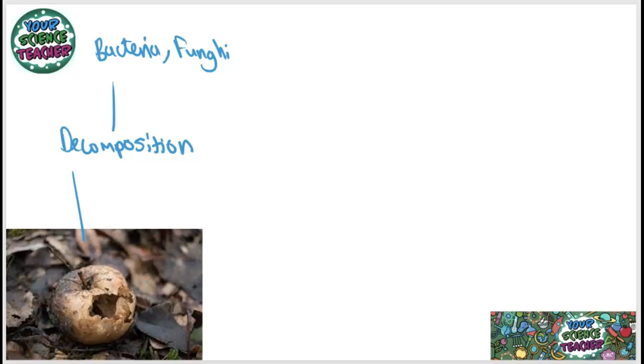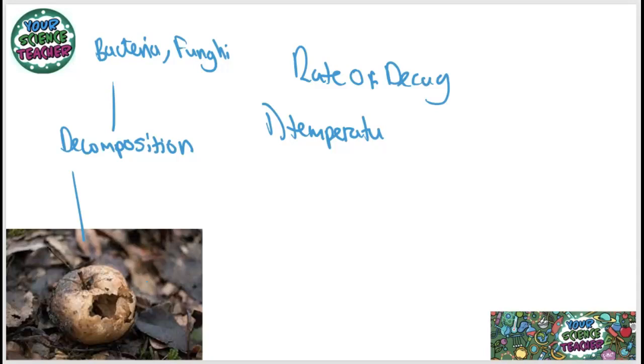We call how fast the decay happens the rate of decay. And the rate of decay is controlled by three main factors, the first being temperature. Now, it's important to remember that enzymes are involved in breaking down the organism, and obviously enzymes work at an optimum temperature.